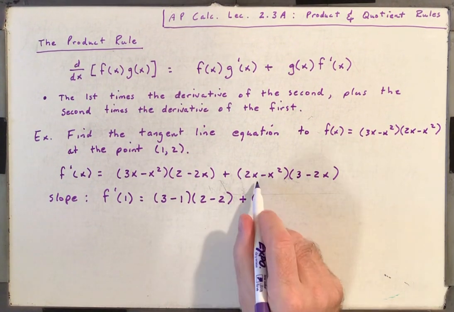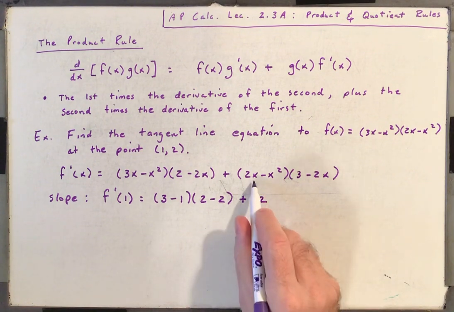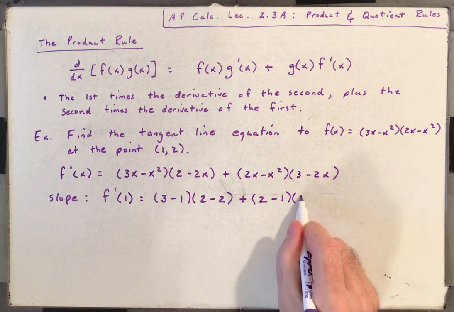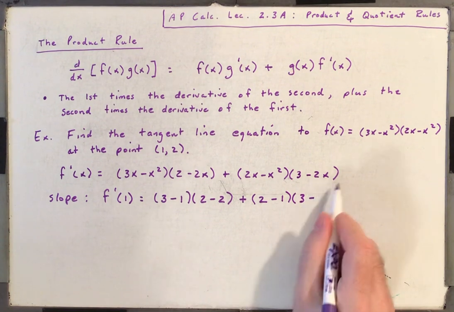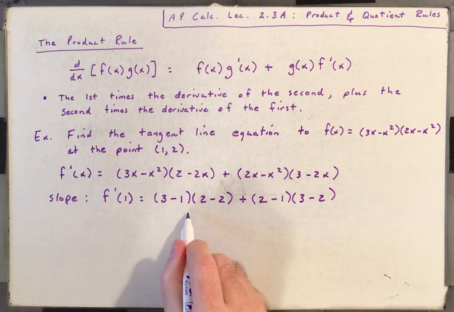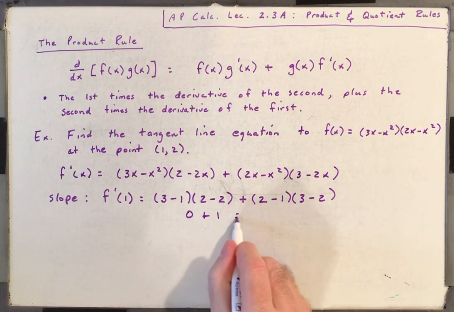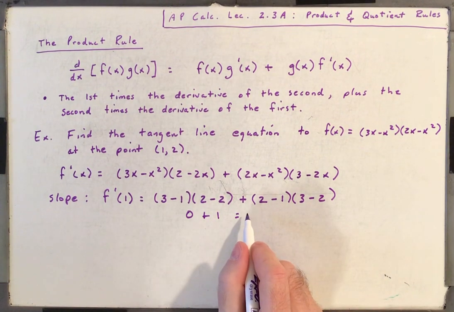And then this part would be 2 times 1, which is 2, minus 1, times 3 minus 2. So that's going to be 0 plus 1 times 1. So the slope is 1.